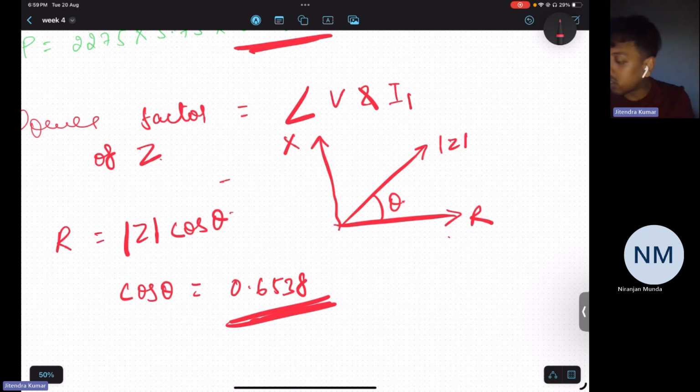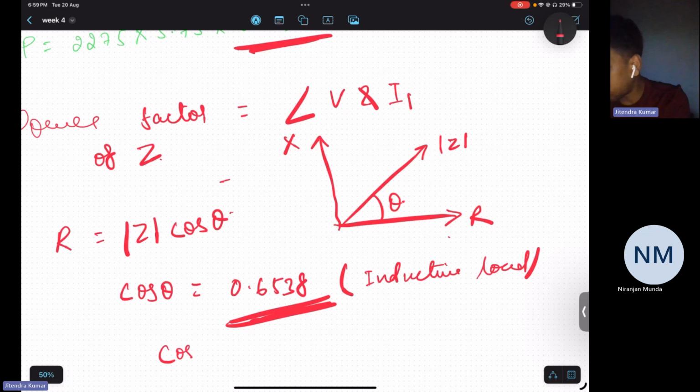If theta were otherwise, then theta should come out to be negative. If theta is positive, it means inductive load. If cos theta is negative, it means capacitive.